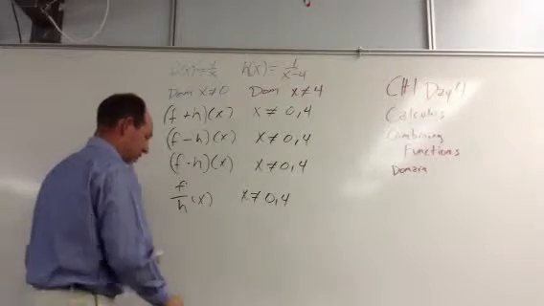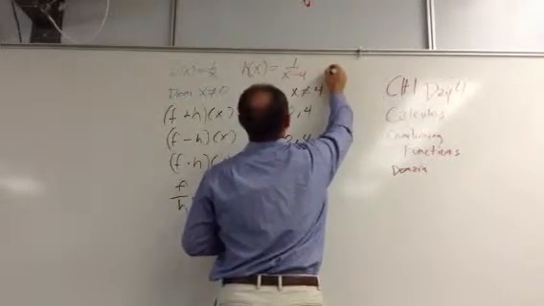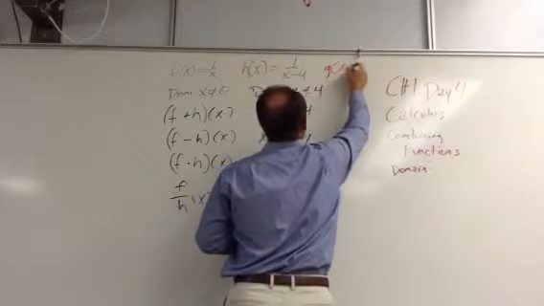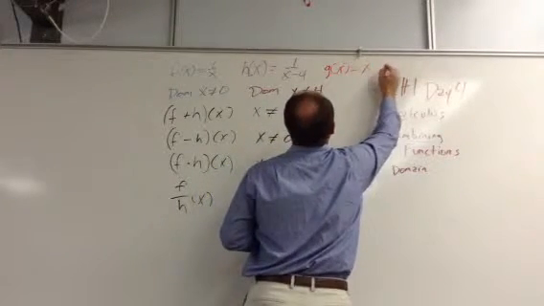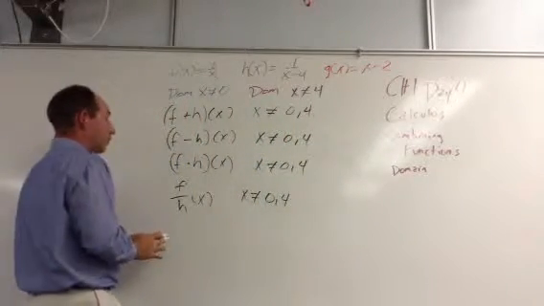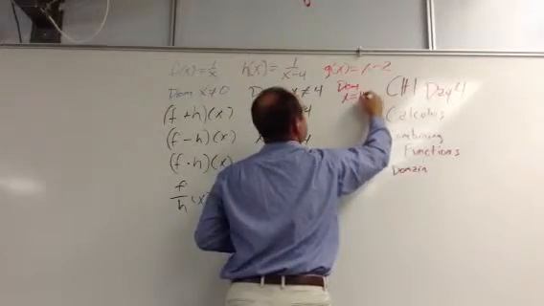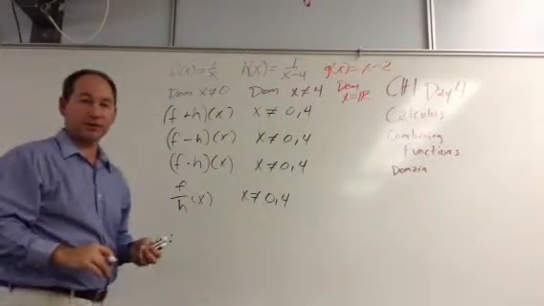So let's go back to our buddy f of x, and g of x. Let's just call it x minus 2. The domain of that one, by the way, is all reals. Okay, so we're on the same track there.